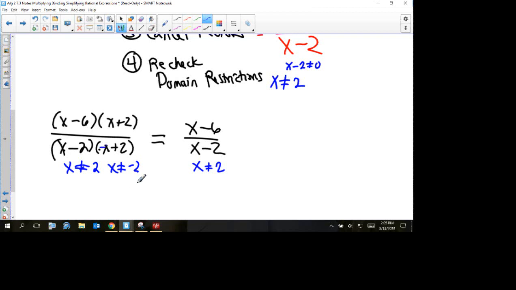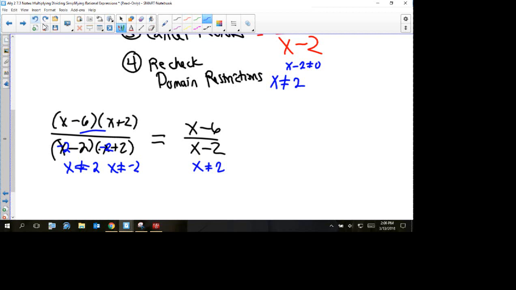It would become 0, and then this one would become negative 4. That one would become negative 4 times 0. That would make this denominator 0. But if I put negative 2 in here, does my denominator become 0? No. These equations are exactly the same with the exception of this restriction.